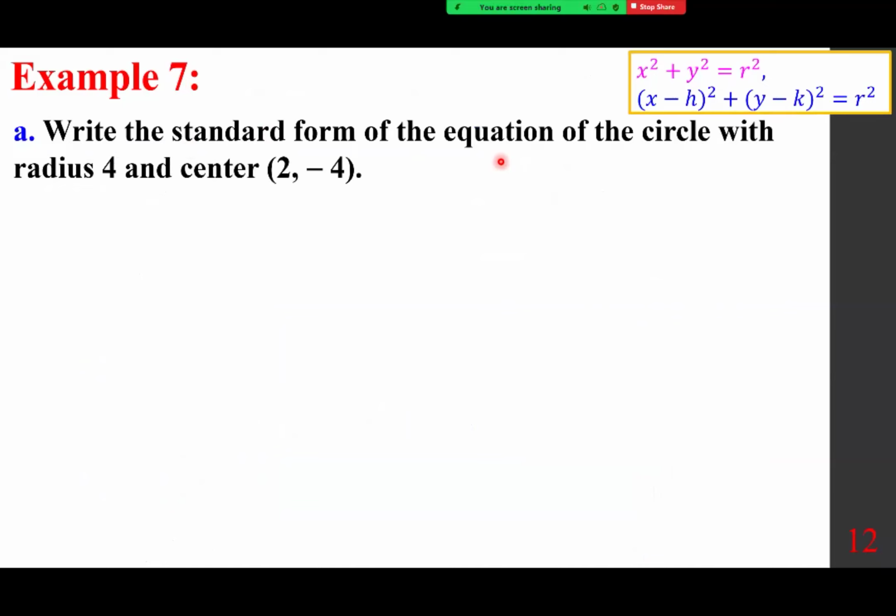Write the standard form of the equation of a circle with radius 4 and center 2, negative 4. We just follow this formula, and we write x minus 2 quantity squared plus y minus negative 4, which means y plus 4 quantity squared, equals 4 squared or 16.